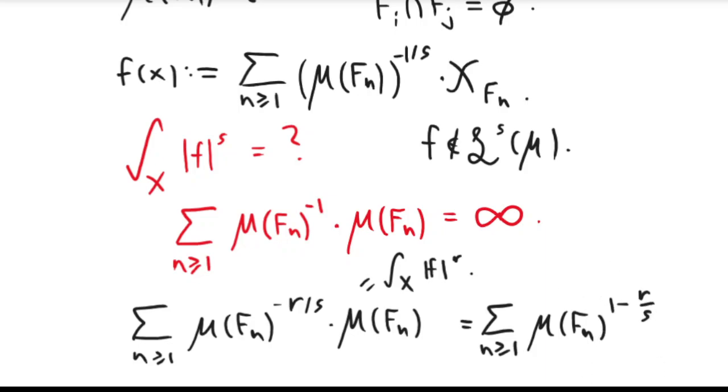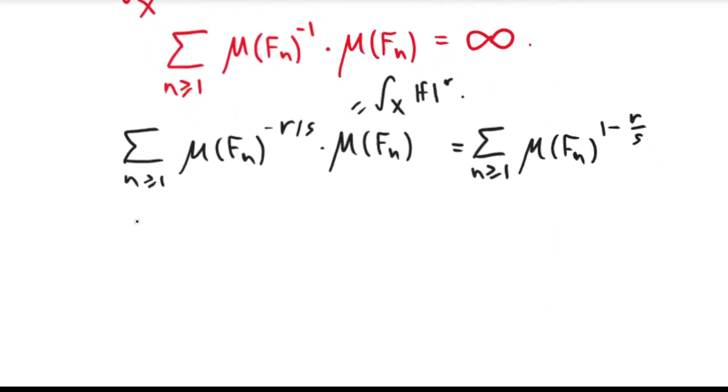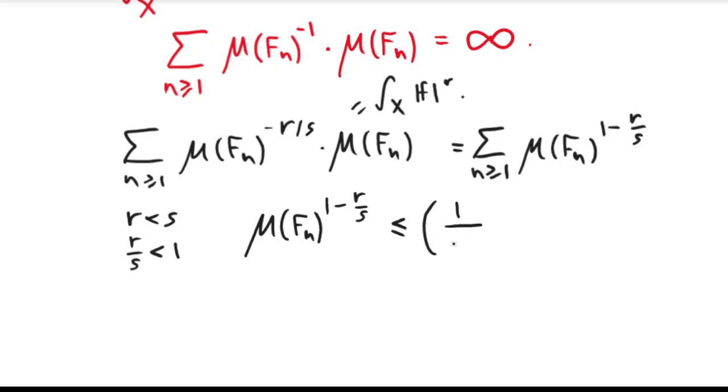And going way back to the beginning of what we decided r and s were, we know that r is less than s, and so r over s is no bigger than 1. And so that tells us that mu of Fn to this power is no larger than 1 over 3 to the n to the power of 1 minus r over s.